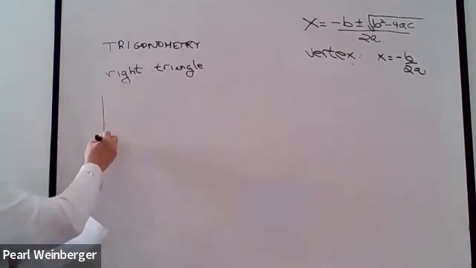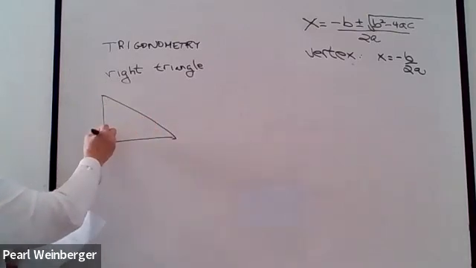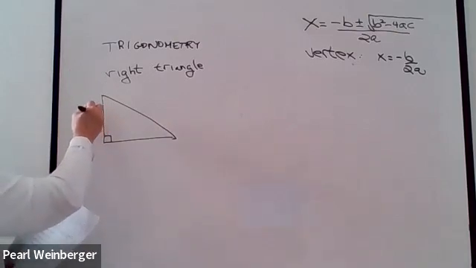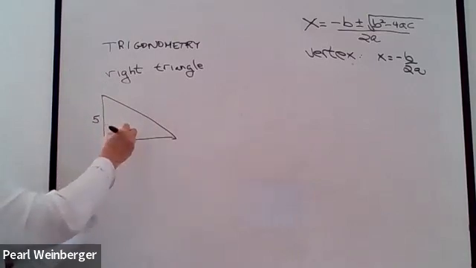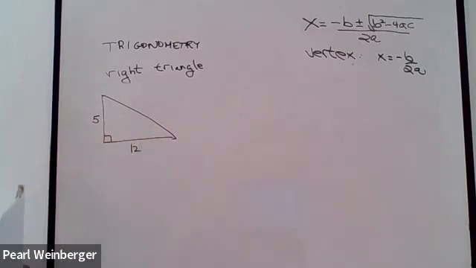I'm going to draw the picture. This side is 5, and this side is 12. I want you to find the hypotenuse of this right triangle. I want you to put in the letters, and I want you to use the Pythagorean theorem to solve this problem.